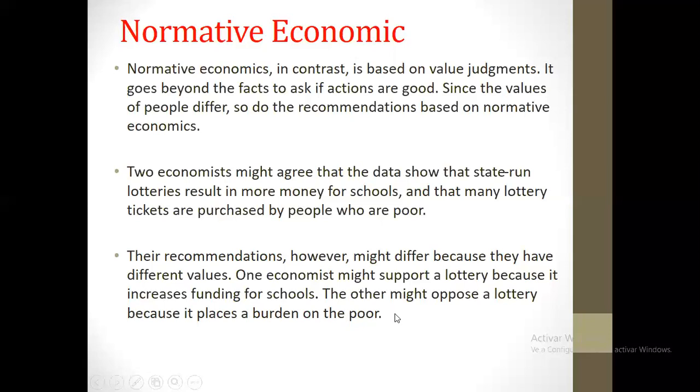Because usually, who are the people who buy lotteries? Poor people. So it's going to get worse for them because they're going to waste the money trying to change their luck. So that's why the two of them have different points of view, based on normative economics.